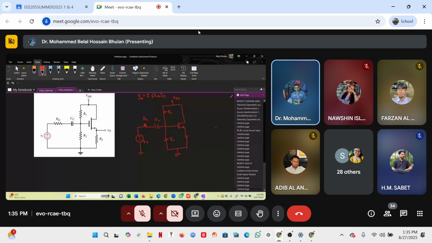We take our output from here. That is our RS, and that is our VI. So that's the circuit. First of all, we need to determine the DC equivalent circuit, the same steps to be followed.